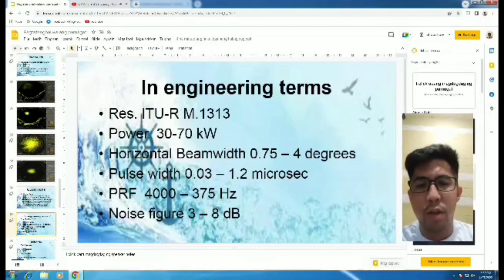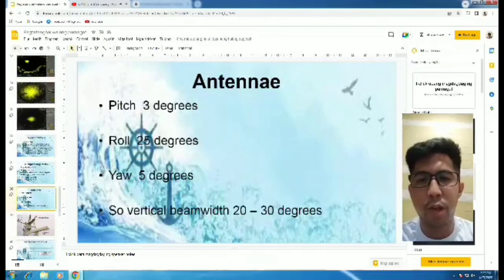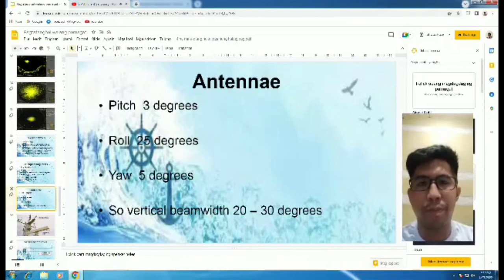Noise figure 3 to 8 decibels. Antenna pitch 3 degrees, roll 25 degrees, yaw 5 degrees. Vertical beam width 20 to 30 degrees. That's all, sir. Thank you.